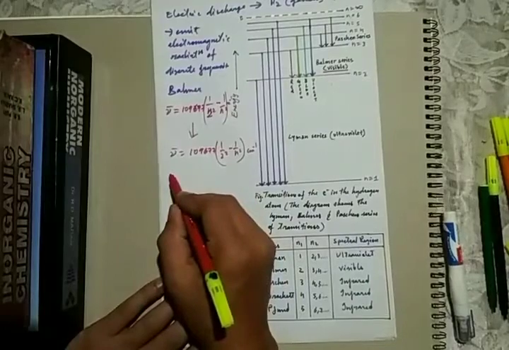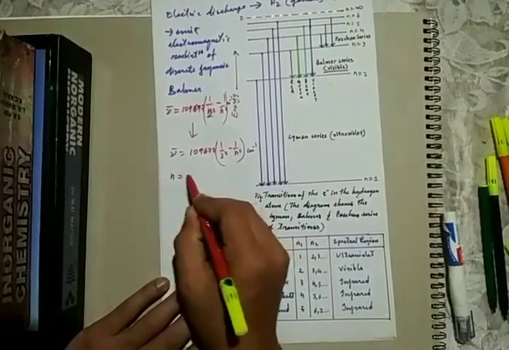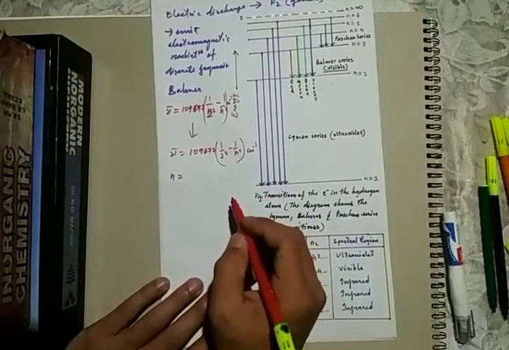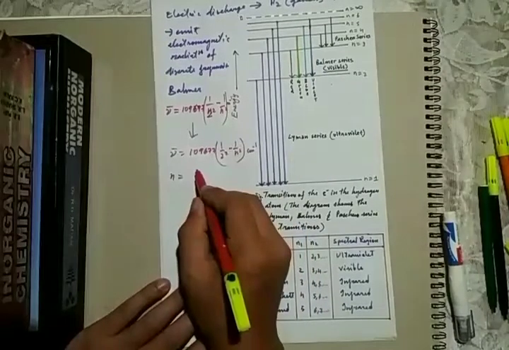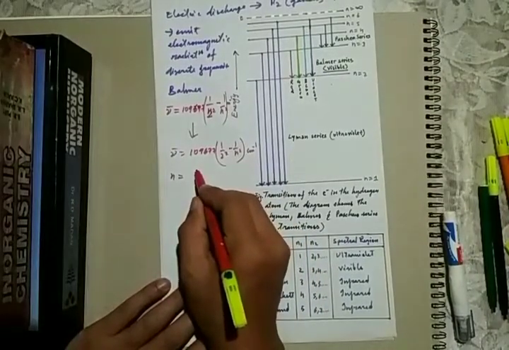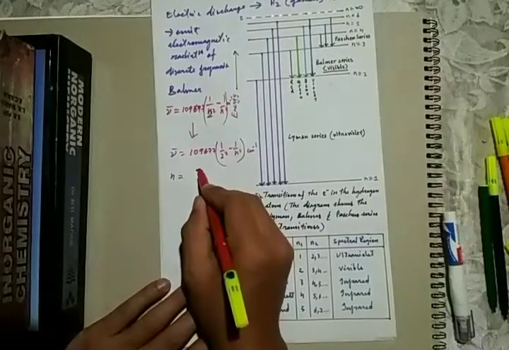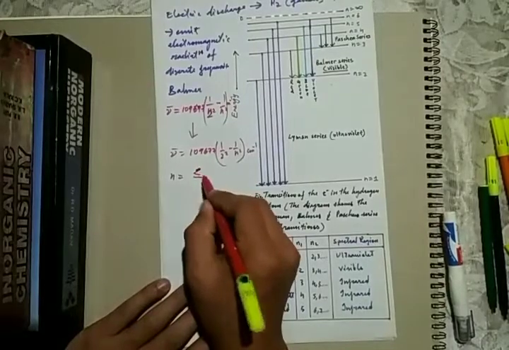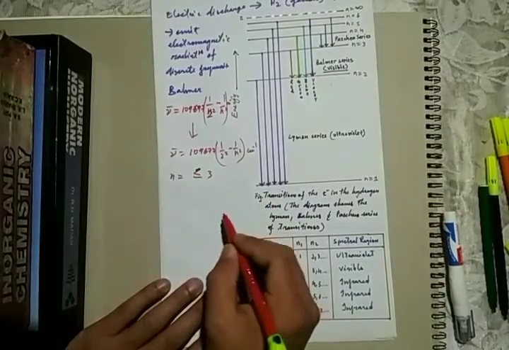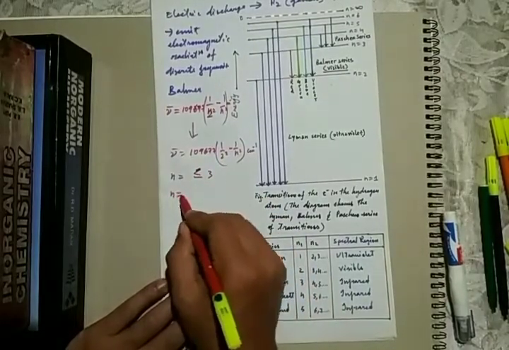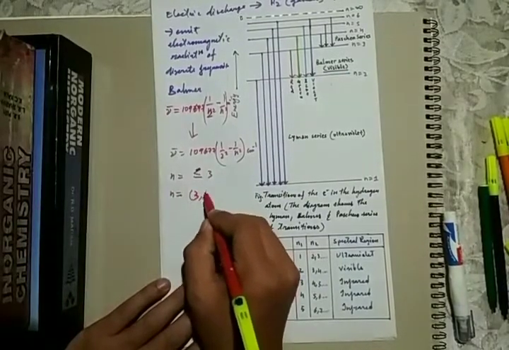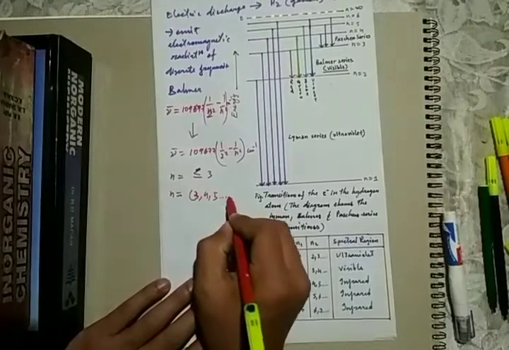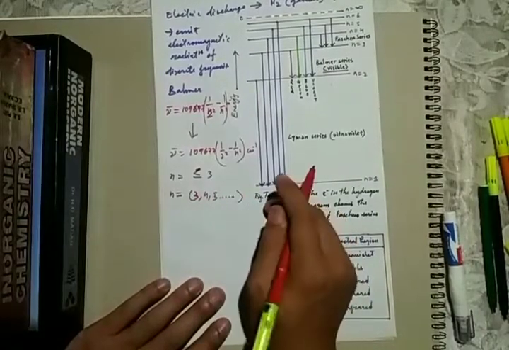Here n is an integer, equal to or greater than 3. So n is equal to 3, 4, 5, and so on.